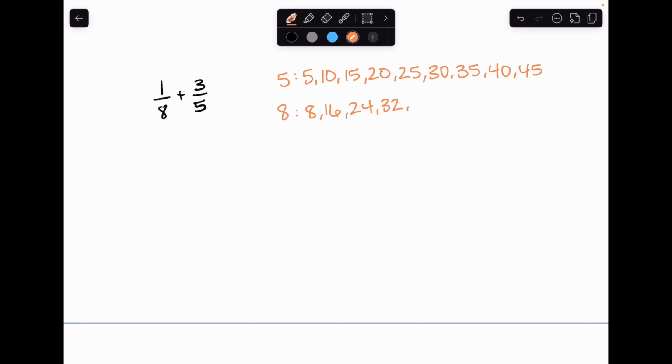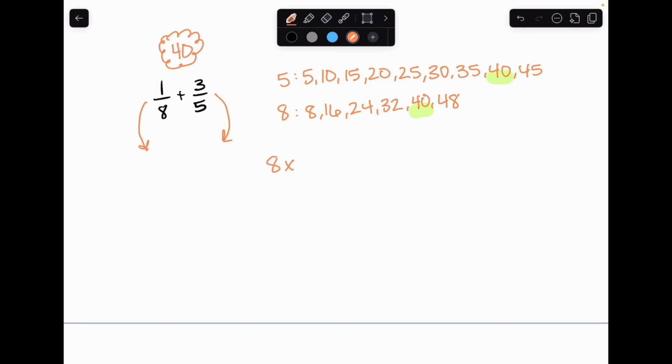And for my multiples of 8, I'm going to continue with 40 and 48. Now if we take a look, I see common denominators. Least common multiple of 5 and 8 is going to be 40, so that's going to be my least common denominator.